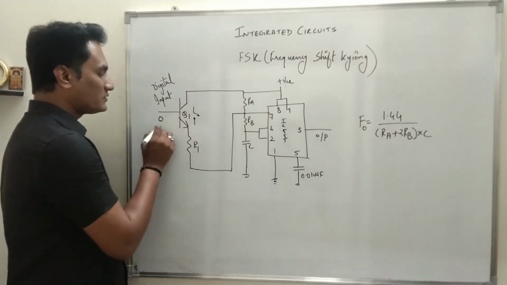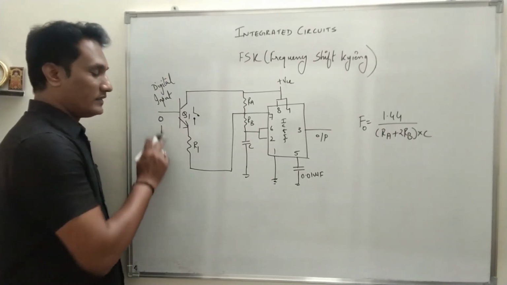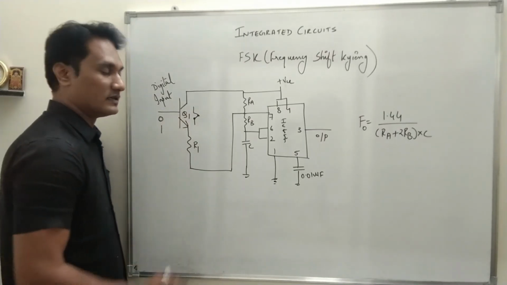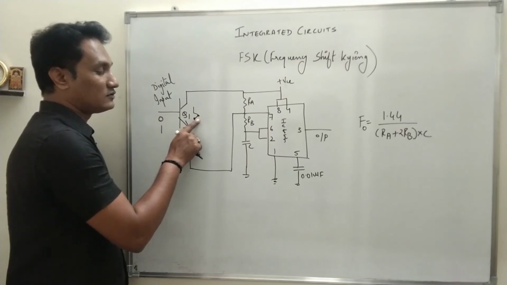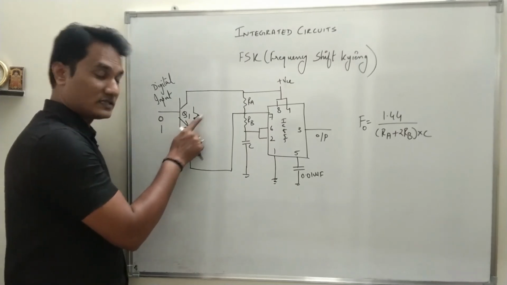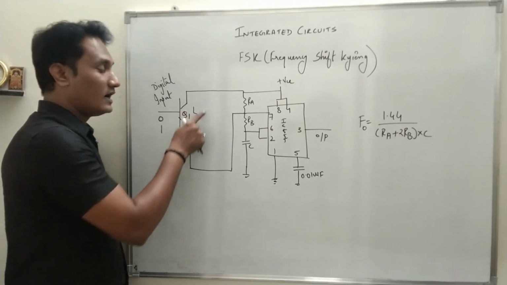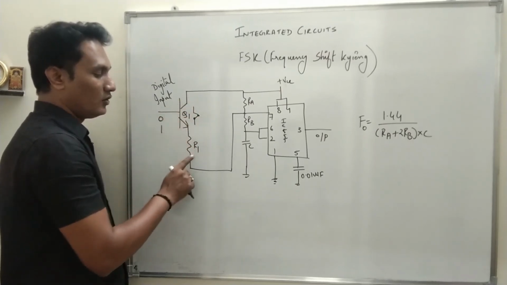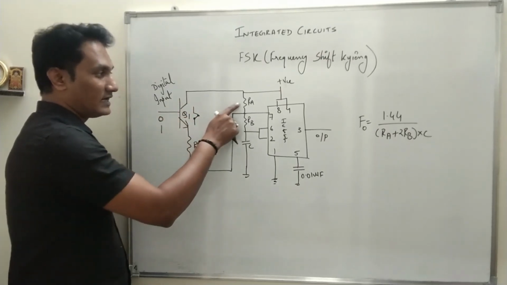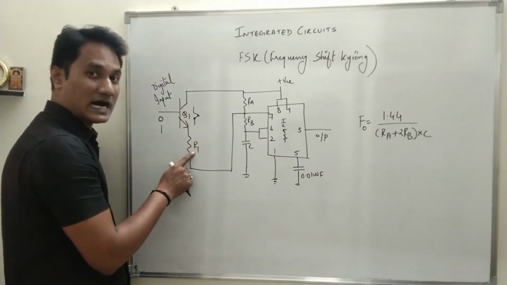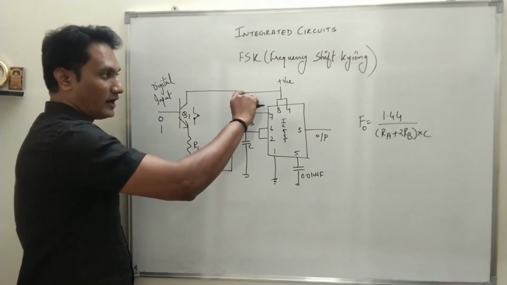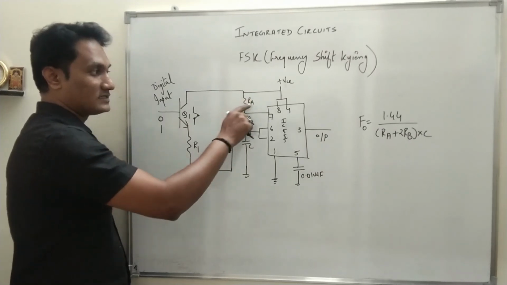Now see what happens when the digital input is 1. The transistor goes into the saturation region, and it works as an on switch. Current flows through the transistor. Assuming the resistance of the transistor to be ideal, that is 0, RA comes in parallel with R1. Between these two points the resistance will change.